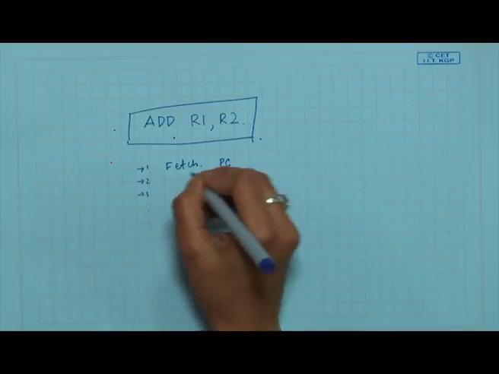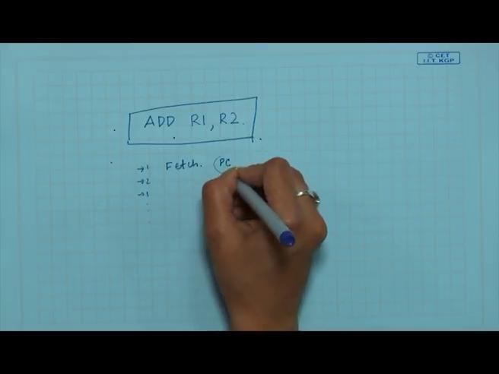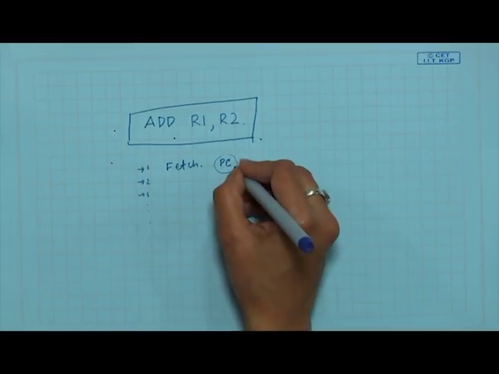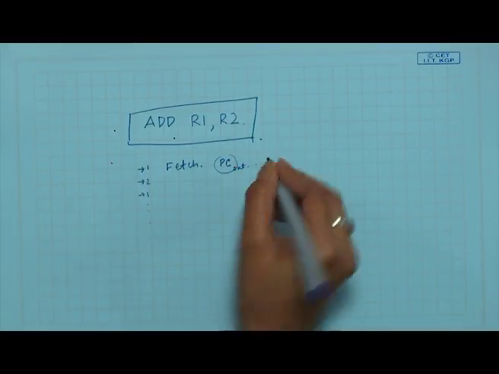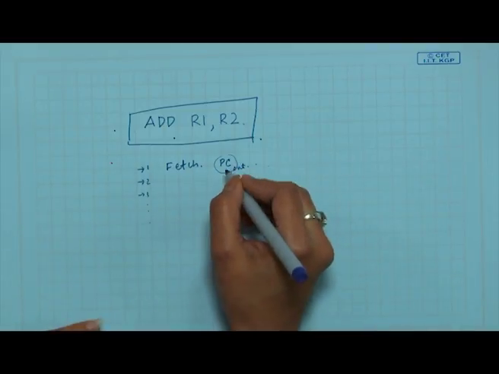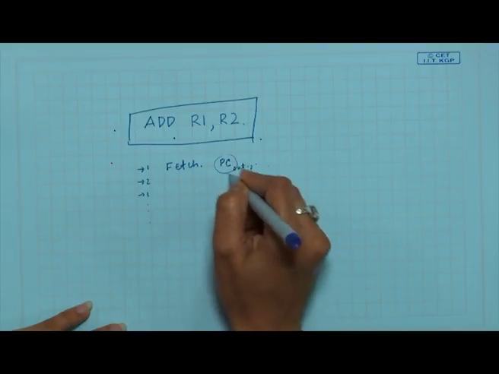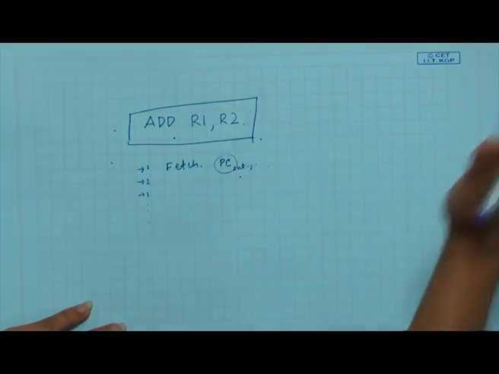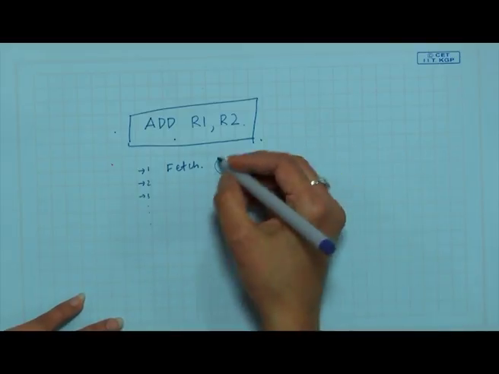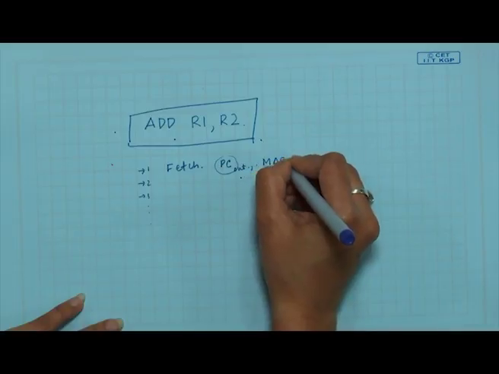Using some control signals, we will make the content of PC available, that is PC out. We will see it in detail next, but in simple words, once we do this PC out, the content of PC is available on the bus, and then we have to put this value in MAR, the memory address register.